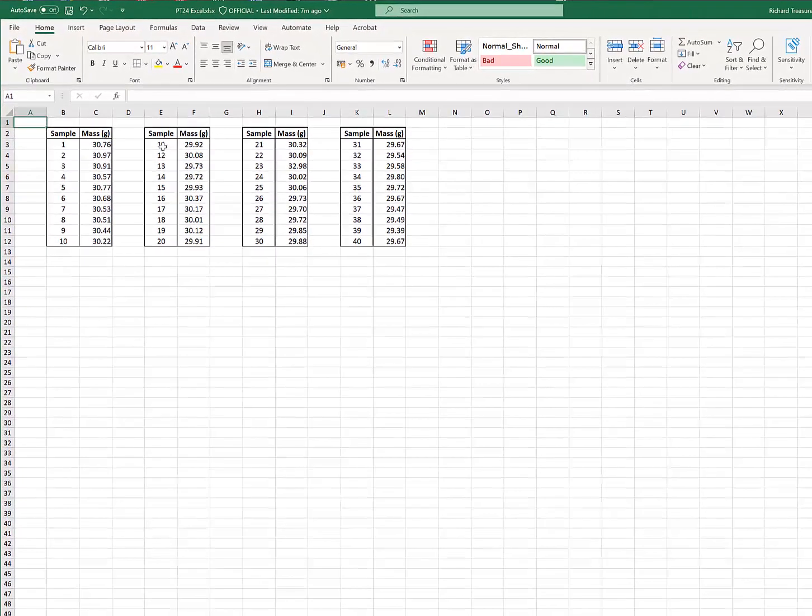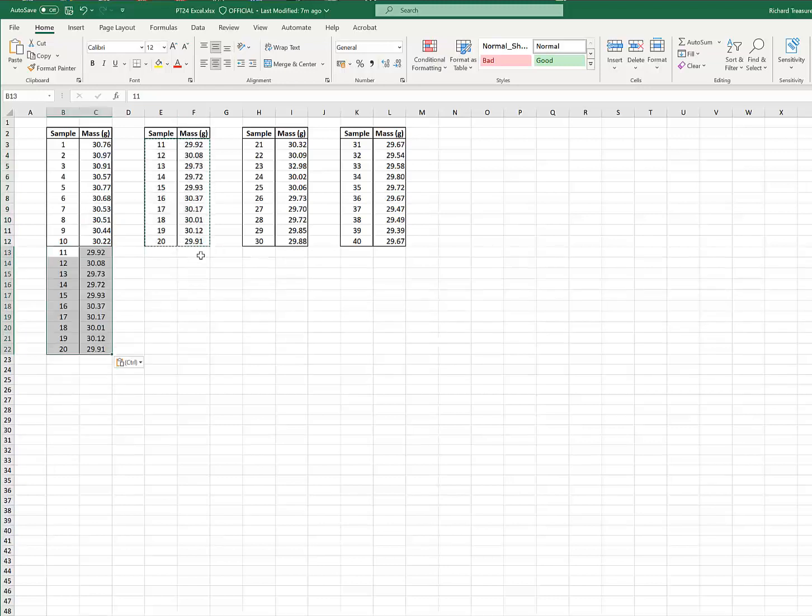First, to stack the data into a single column, then I'll draw a quick plot which will help observe if there are any outlying values.